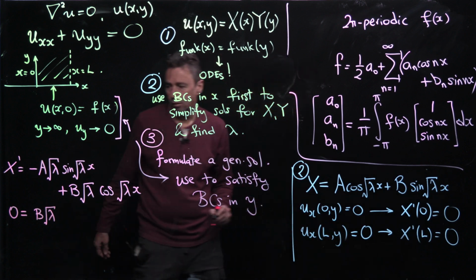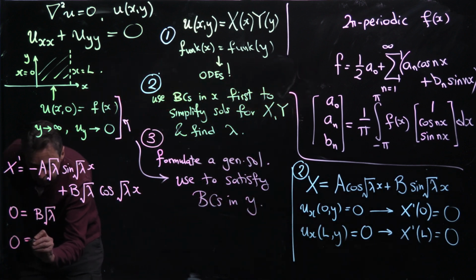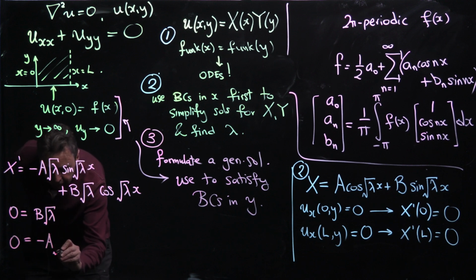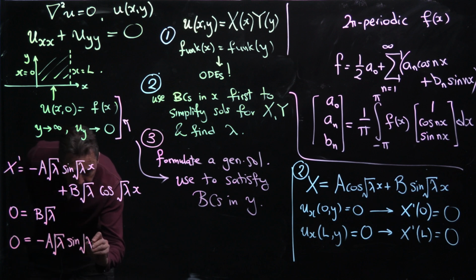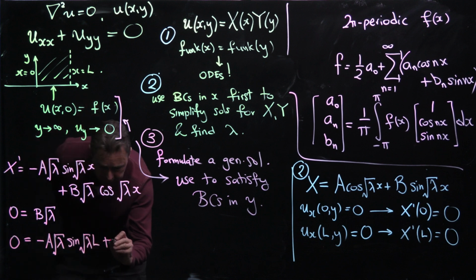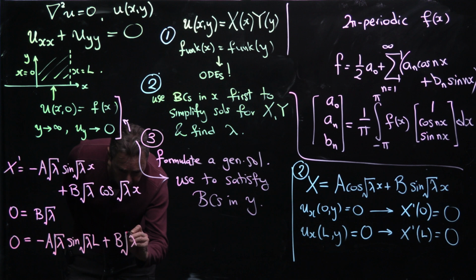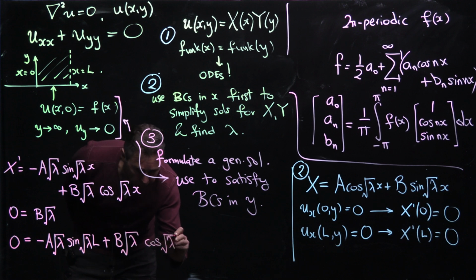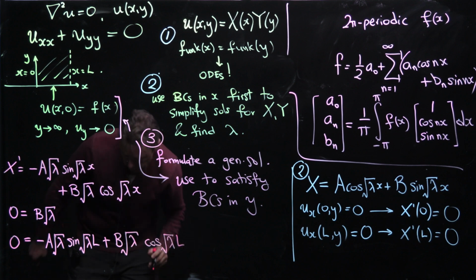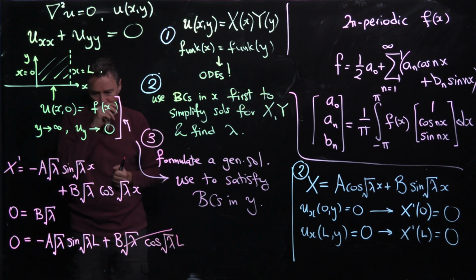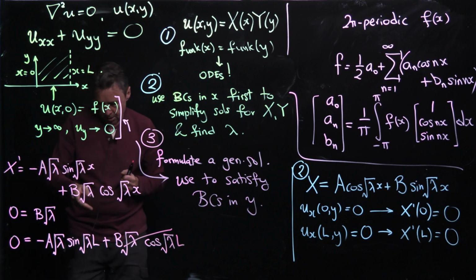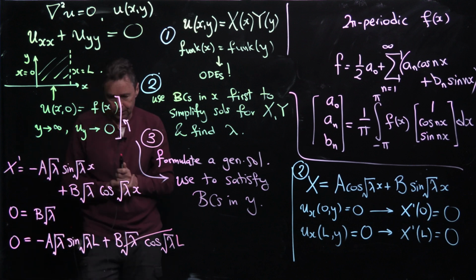Now I put L. I need 0 to equal minus A root lambda times sine of root lambda L plus B root lambda times cosine of root lambda L. Right, that's got to vanish. B times root lambda is 0, so that's not there. Right, so I've got that this thing has to be 0, or that thing has to be 0.